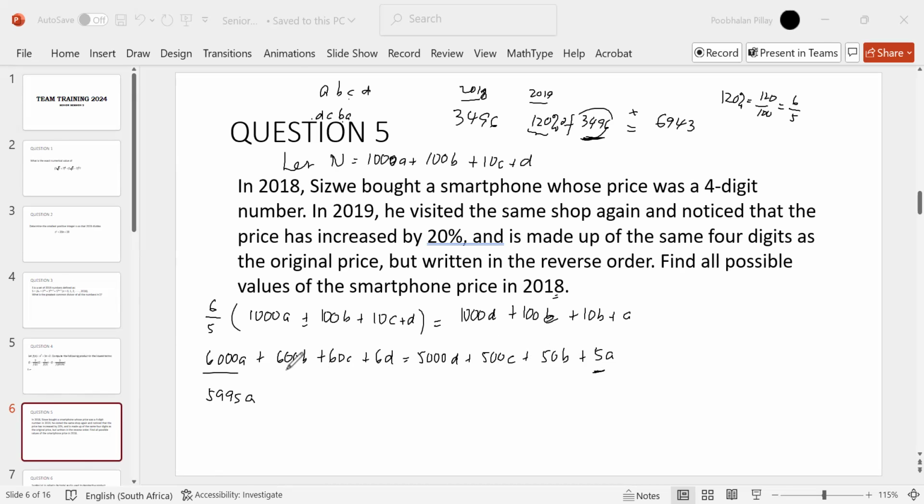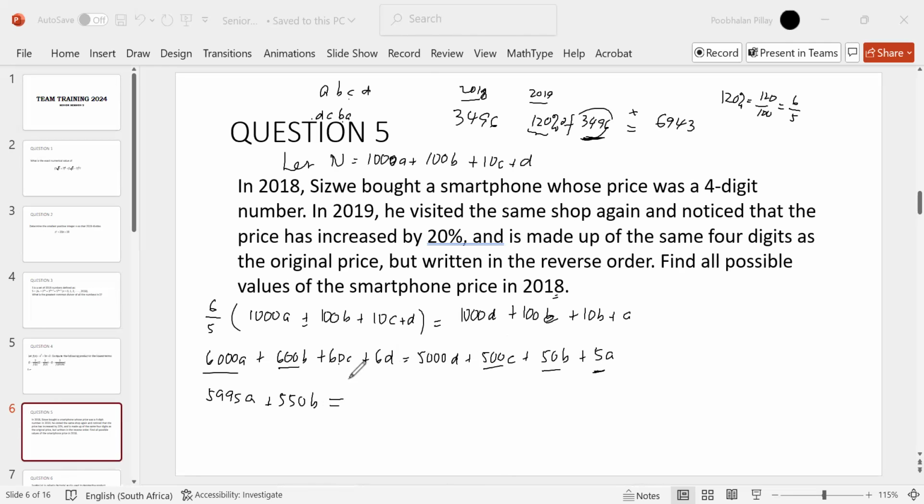Now let's take the B's. 600B minus 50B. So that's 550B. 600 minus 50. Then you got 60C minus 500C. Now you're getting a negative here. I don't like to work with negatives. Let me just put this equal sign here and bring the 60 on this side.